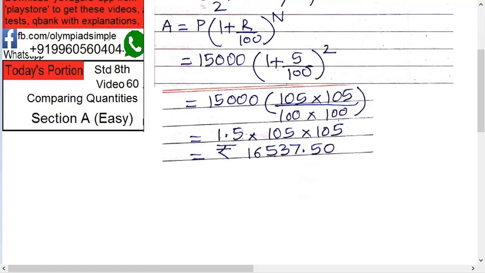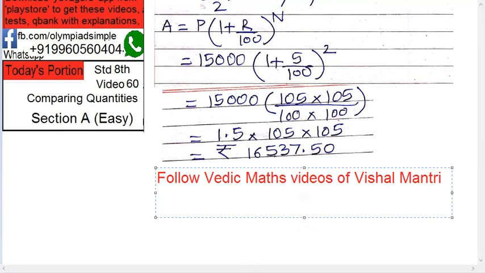So multiply this. All these 4 zeros go and this becomes 1.5. So 1.5 into 105 into 105. Now you will say this 105 into 105 is not easy, but it is very easy. Follow Vedic Maths videos of mine on this channel only. That becomes too easy, means you can count it on only your fingers, nothing else is needed.